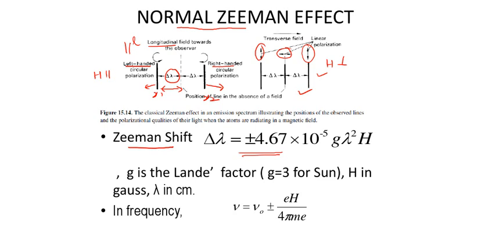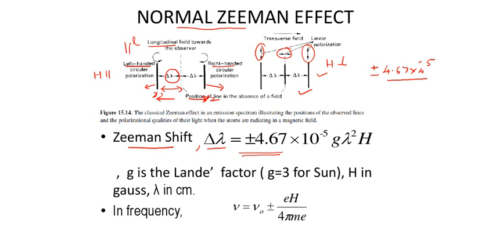The Zeeman shift is given by delta lambda equals plus or minus 4.67 times 10 to the power minus 5 times g lambda squared H. It can be to the left or to the right, that's why there is plus or minus. Remember that 4.67 times 10 raised to minus 5 is to be taken as a constant factor.